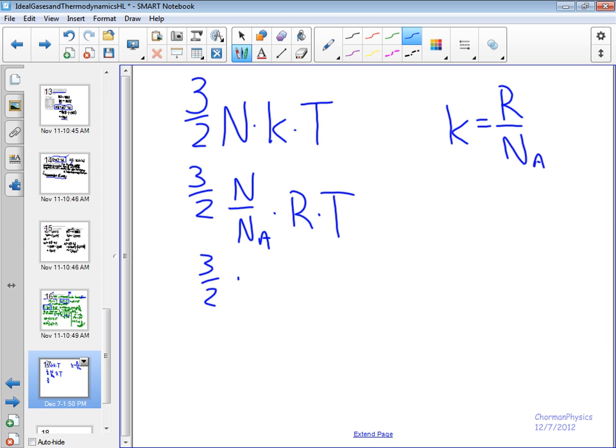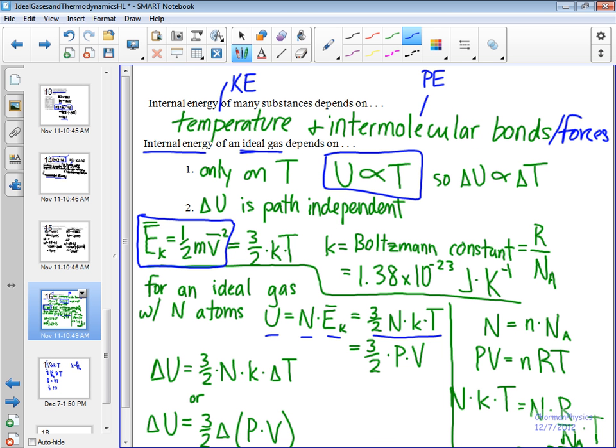Well, that's the number of moles, because 1 mole of molecules is Avogadro's number, and N is the total number of molecules. And nRT, ooh, this is very interesting, isn't it? 3/2 times PV. So that's where we get the previous slide from. So we end up with the total internal energy just being equal to 3/2 times PV.